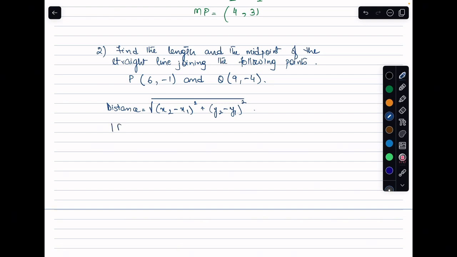Or in case of PQ, I can say that the distance is going to be under root (xq minus xp) the whole square plus (yq minus yp) the whole square.